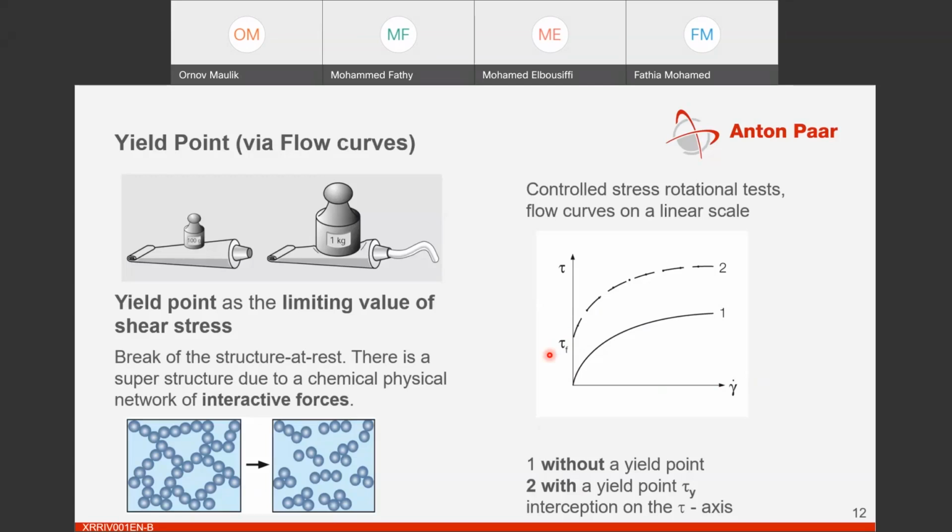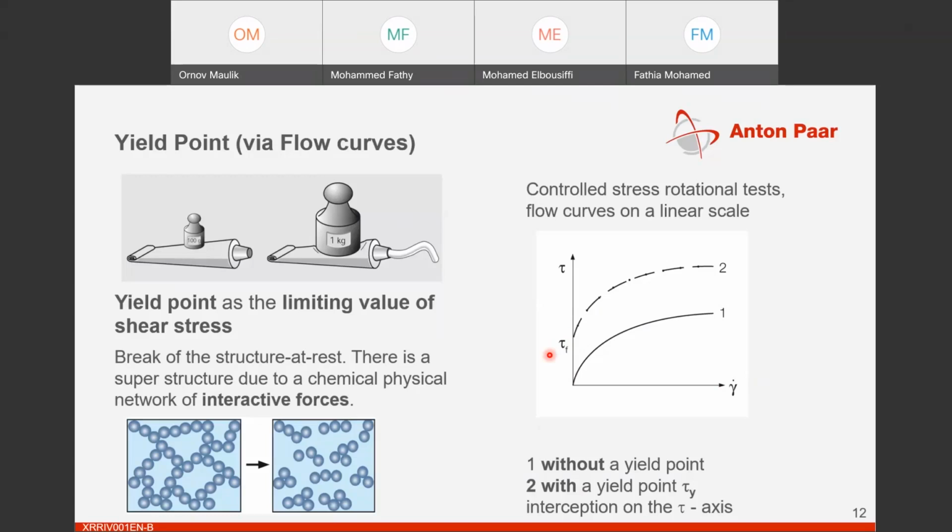Of course, there are other methods, other techniques, or other tests that can also give you the yield stress of any particular material, but this is predominantly used when we use rotational methods to determine the yield point.